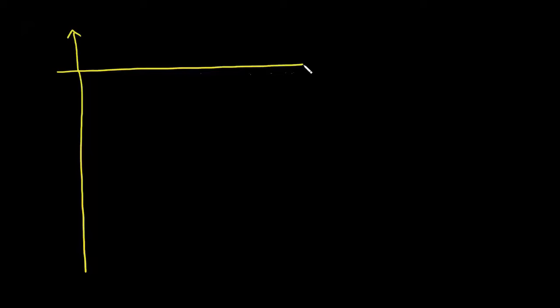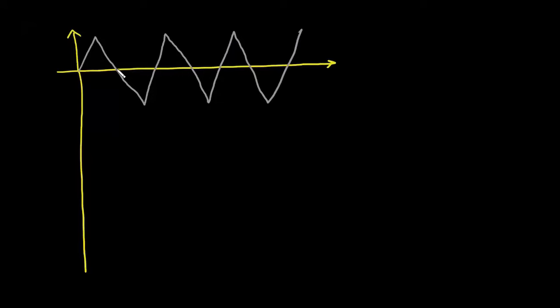So let us draw the three-phase AC source waveform. These intervals are of 60 degrees. So it's 2 pi by 3. This is pi. This is 2 pi. So let's draw VAN. This is VAN.